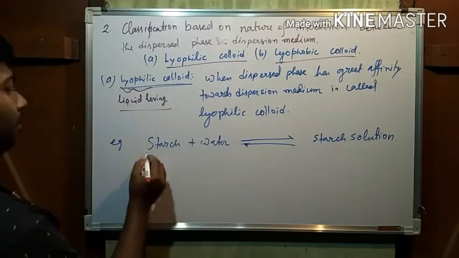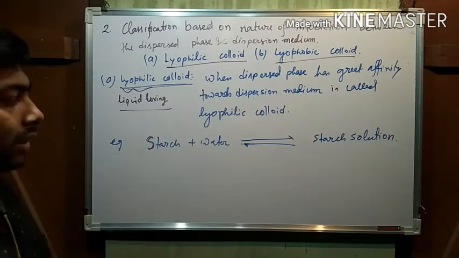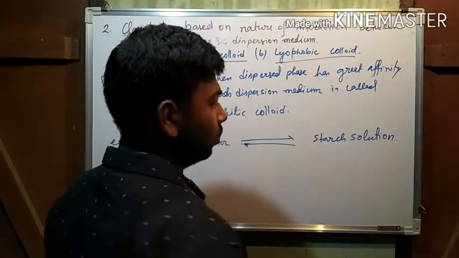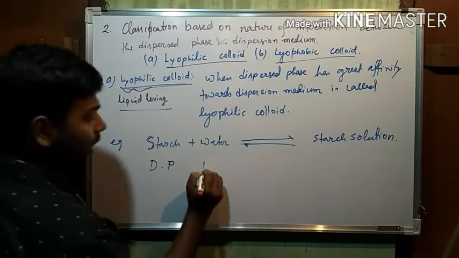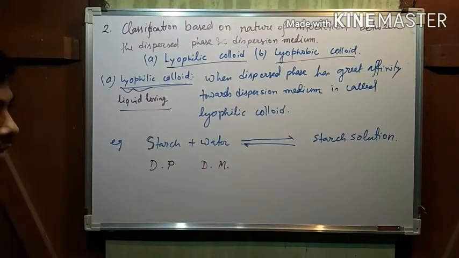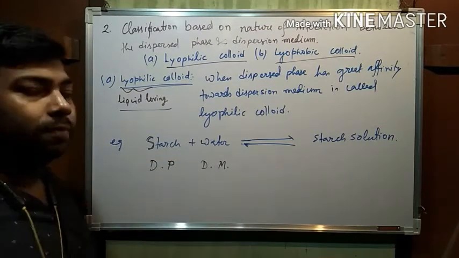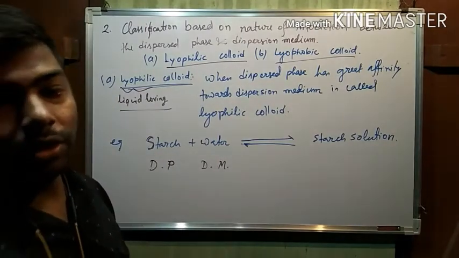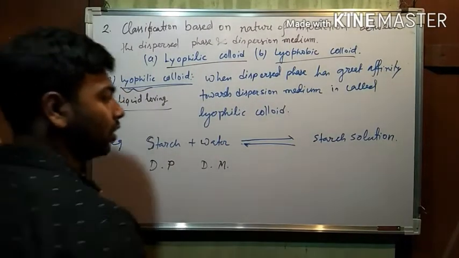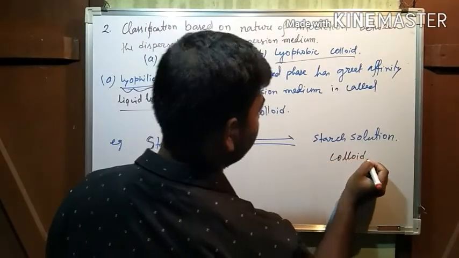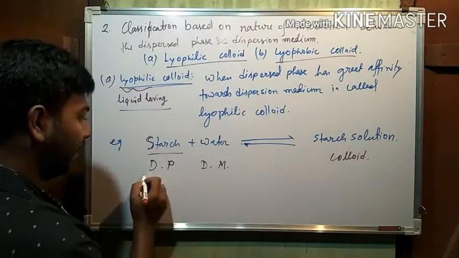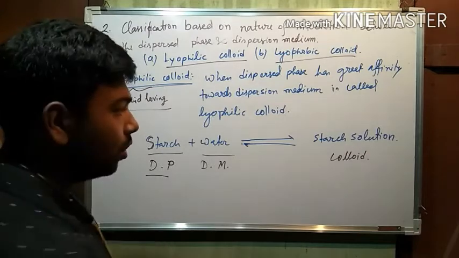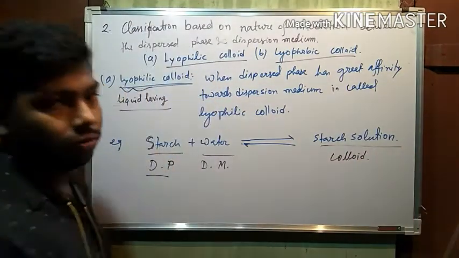Now let us take an example. When starch is added to water, it produces a starch solution. Here starch is the dispersed phase and water is the dispersion medium, and this is reversible, because we know a colloid solution is reversible with respect to its dispersed phase and dispersion medium. When we add starch to water we get a starch solution, which is a colloid.